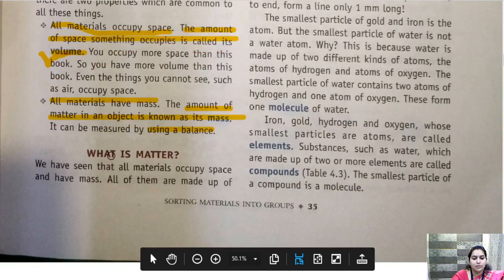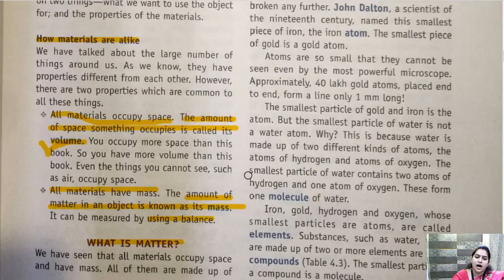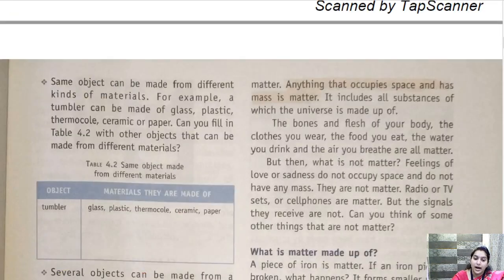Now coming on to what is matter. Children, this is very important. So we have seen that all materials occupy space and have mass. All of them are made of matter. Everything is made up of matter. So what is matter?